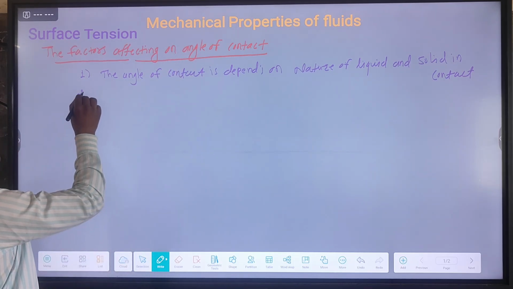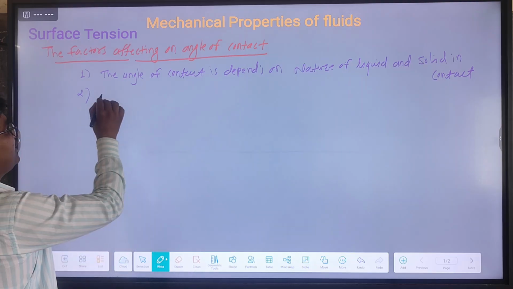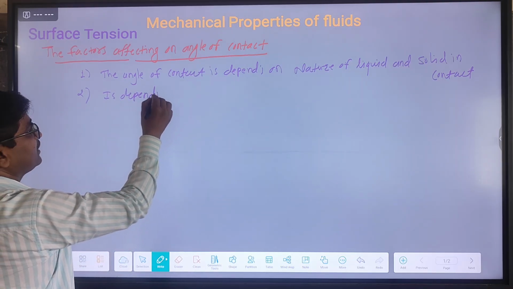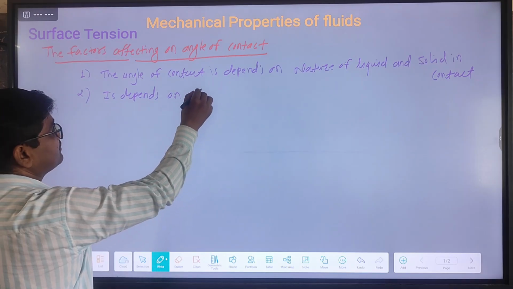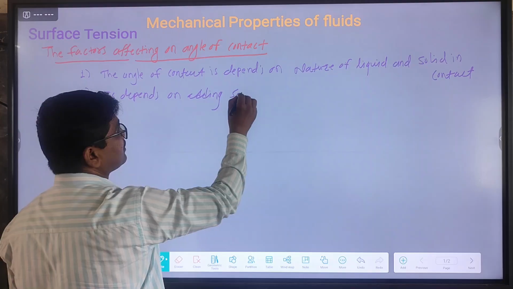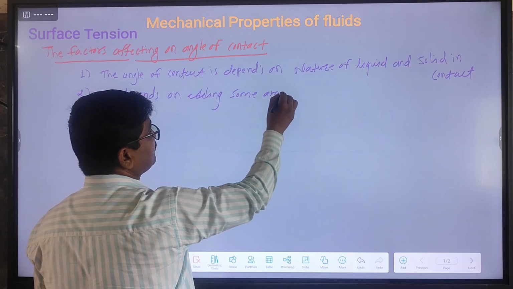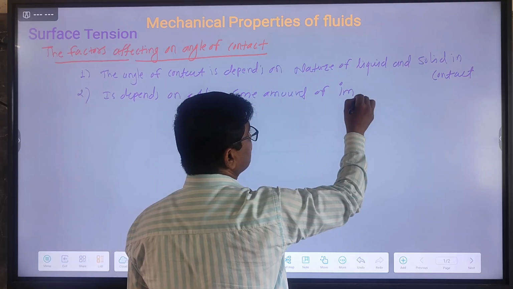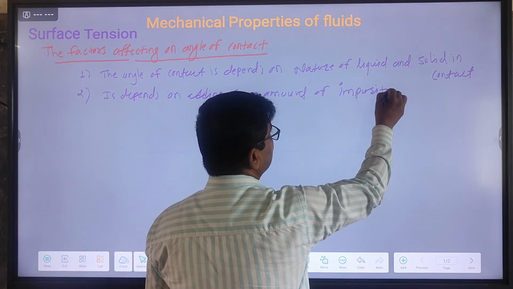Let's observe the second effect. Angle of contact depends on adding some amount of impurities.